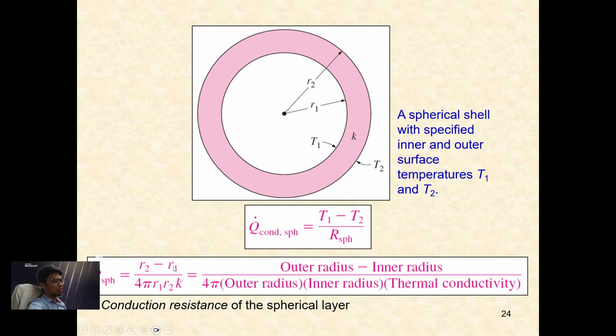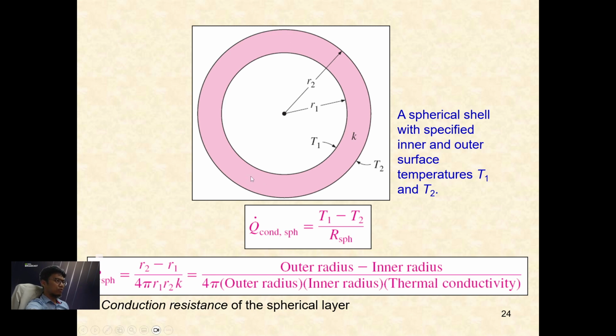How about spherical? For spherical, we use this formula: R2 minus R1, where R2 is the outer radius and R1 is the inner radius, divided by 4 pi R1 times R2 times K. K is the property of the material of that spherical shape.